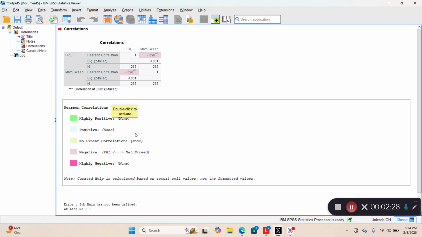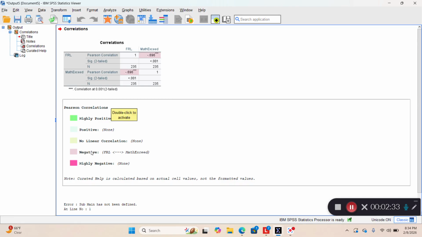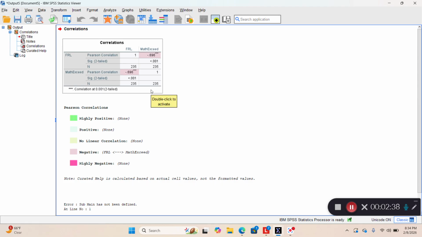So we have a statistically significant relationship between those two, but it's also a negative relationship. We also know that because of the significance value, which is 0.001, less than 0.05. So that's a negative relationship between the two.